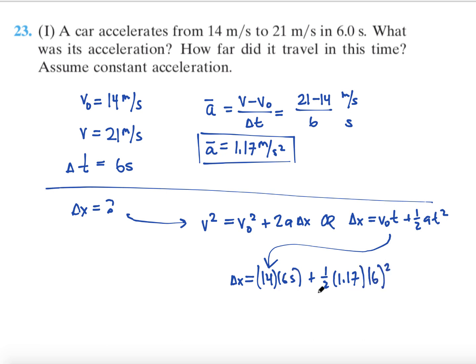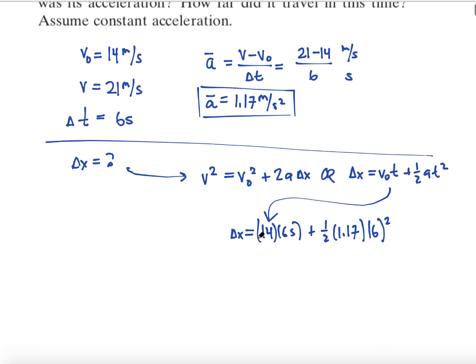I didn't need to include the seconds there, but it's sometimes a habit to include it. So take this into the calculator, and we get approximately 105 meters. So there we go. Keep in mind, you could use really either of these equations. I just used this one because it was easier since I didn't need to rearrange.